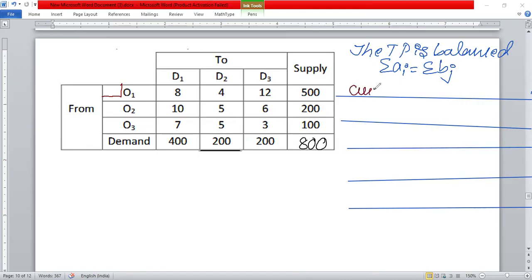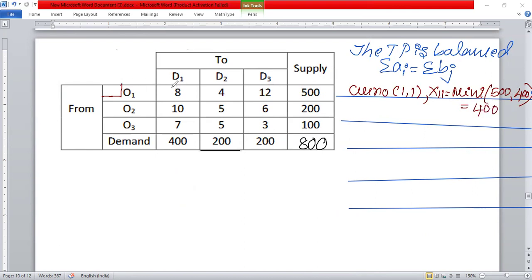So cell 1,1, x11 is equal to minimum of 500, 400. So 400 is the minimum.